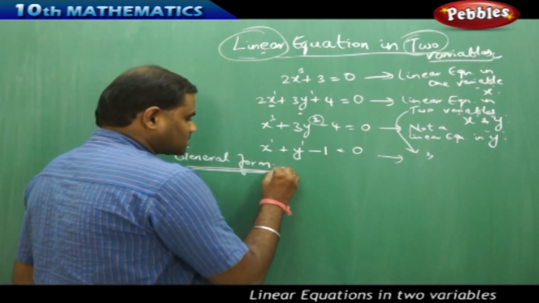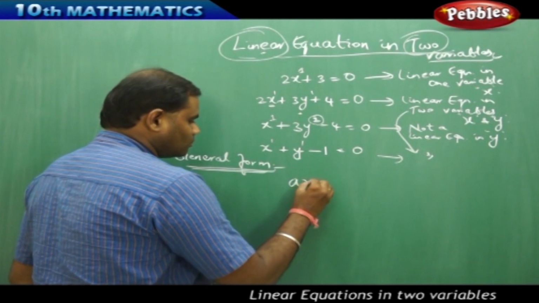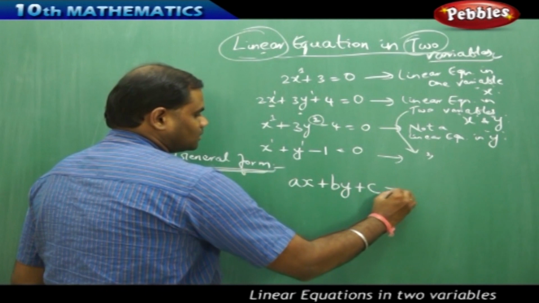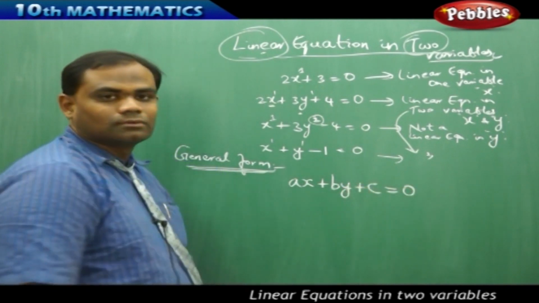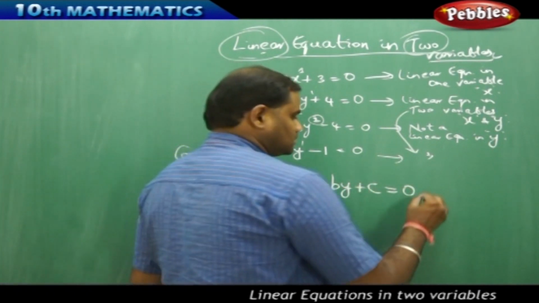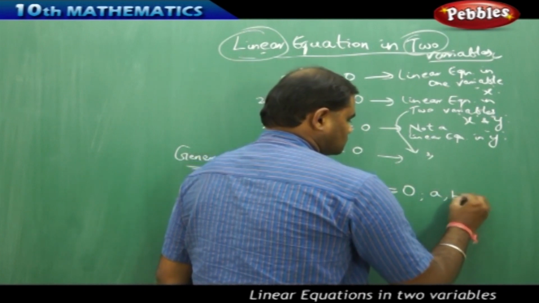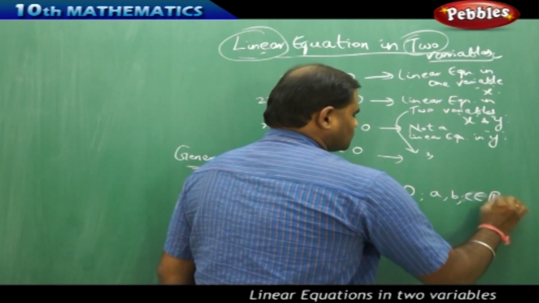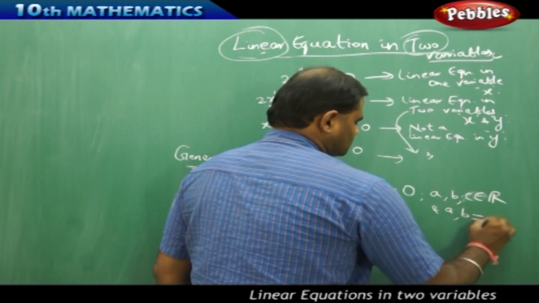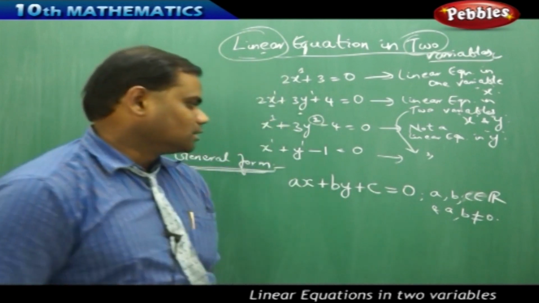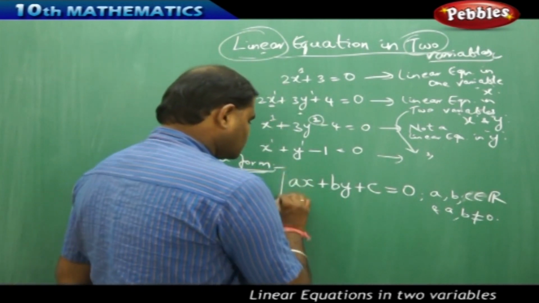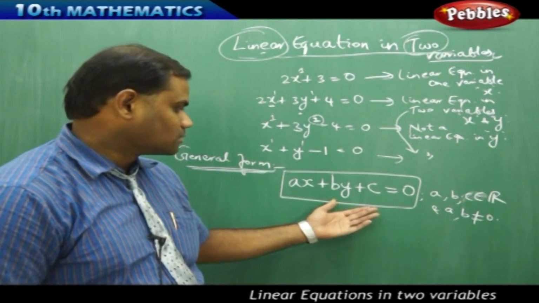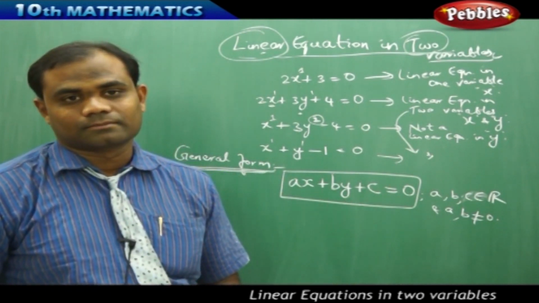So the general form says that a linear equation is always denoted in the form ax plus by plus c equal to 0, where a, b, c are real numbers, where a, b and c belong to R and a, b are not equal to 0, is called a linear equation in two variables x and y, is how we denote it in general form.